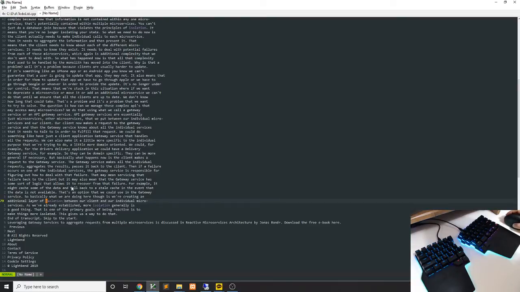That's some of the logic that allows it to recover from the failure. For example, it might cache some of the data and fall back to a stale cache in the event that the service fails.